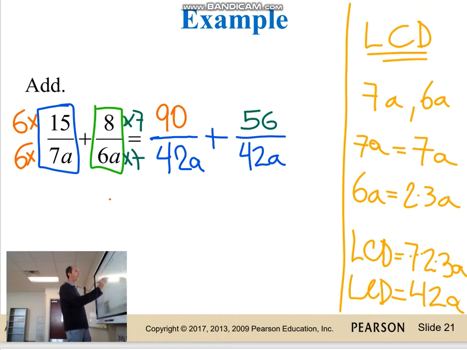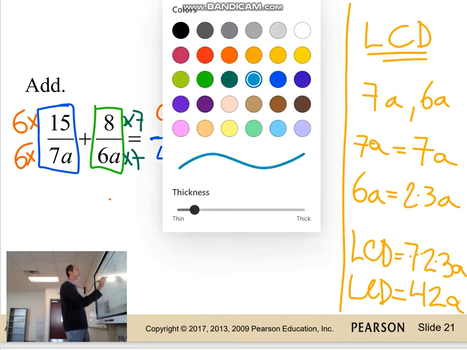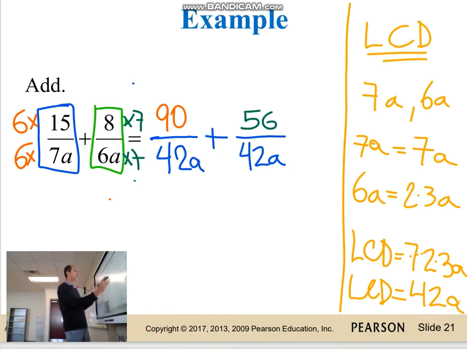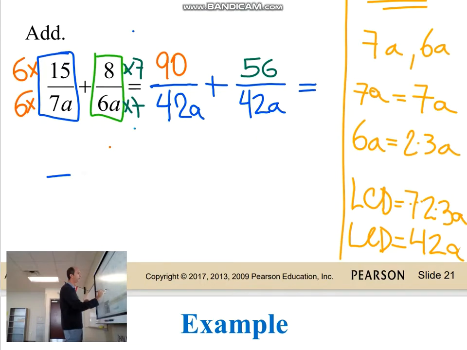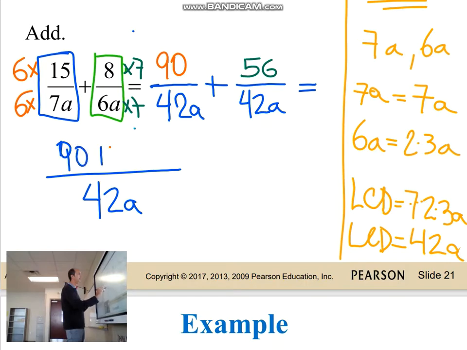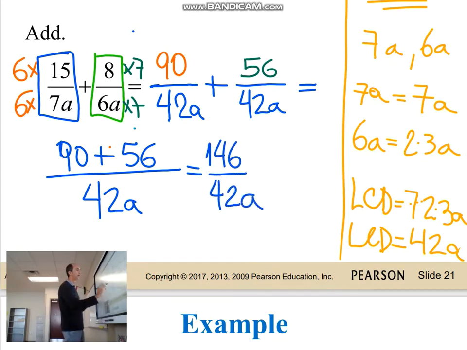Now, that's very good, because you have an addition with the same denominator. You just have to keep the denominator 42a and add the numerators. 90 plus 56, the answer is 146 over 42a.